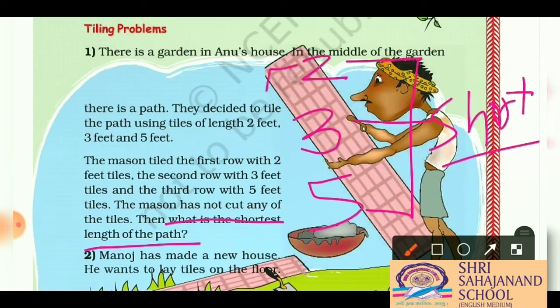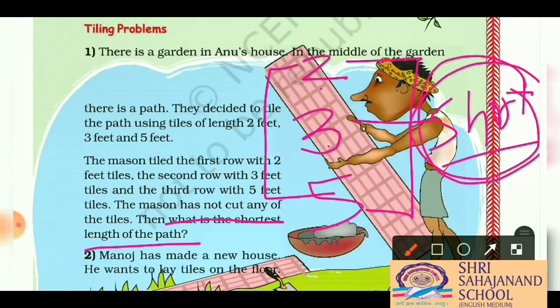Because in LCM we have 2 or more numbers and we find their common multiples, and the lowest common multiple is the LCM of those numbers. Similarly that applies here. Here we have different numbers like 2, 3, 5 which are the measurements of tiles, and we have to find the shortest path. For that we have to find the LCM.